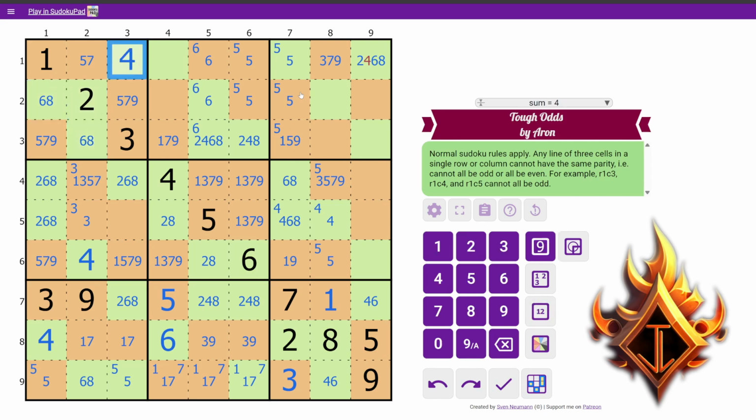So that is our 4. Let's see where we're at with 4s. Could probably mark some of these. This one sees a 2 and an 8. That's 4, 6. So that one's gonna be that one. For what it's worth.